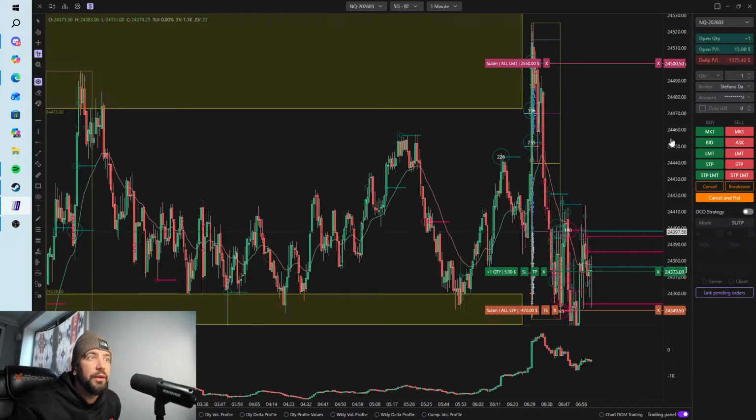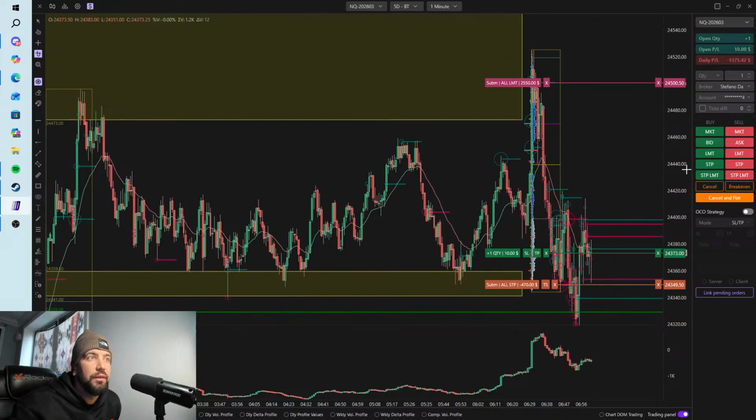Could go back up there, but the odds right now of where we're bouncing off of, we'll see. Just has to close higher. Close above here, and then we have to close above here. Once we close above there, then we'll be okay.